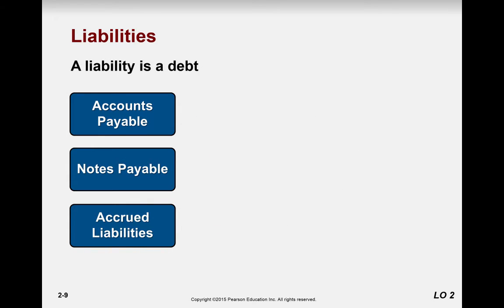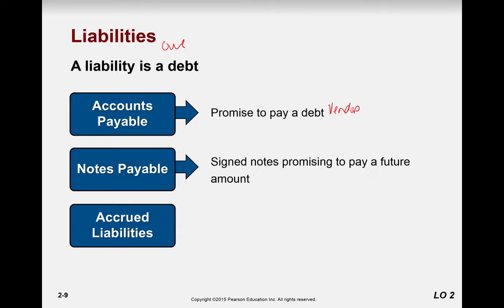Now, liabilities, we mentioned, are what we owe, and accounts payable is usually a promise to pay debt, and this is usually to vendors. So basically, if we continue our Gap example, Gap actually buys items, right? Maybe they have to buy fabric and sewing machines or what have you, and then accounts payable would be those promises to pay vendors. Similar to notes receivable, notes payable is now you as an entity are signing a note and promising to pay an amount.